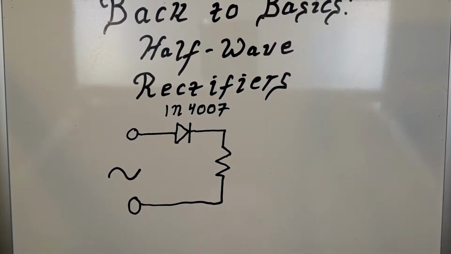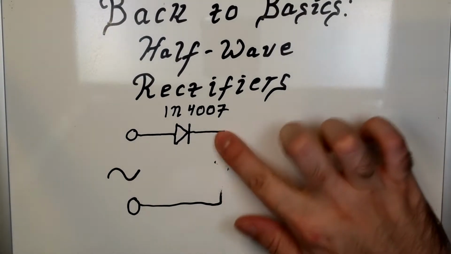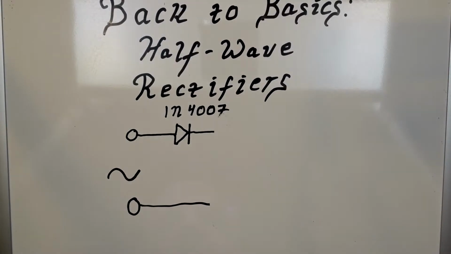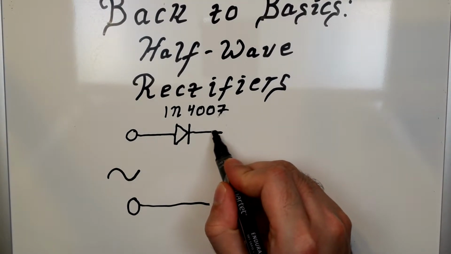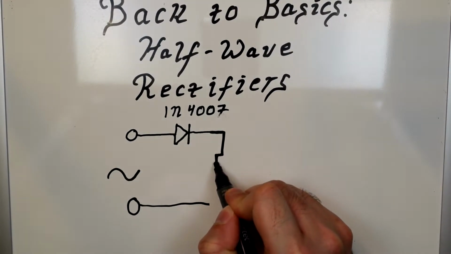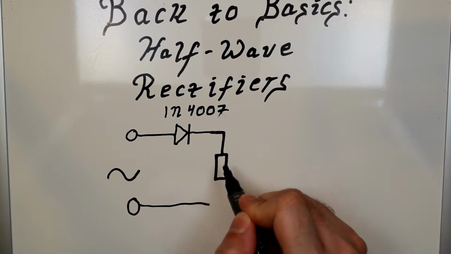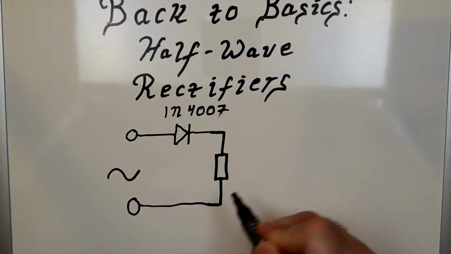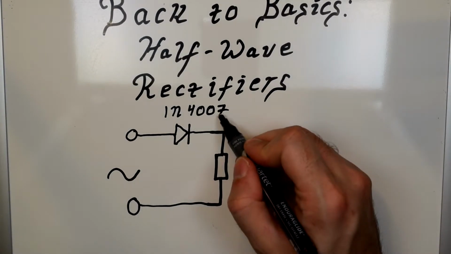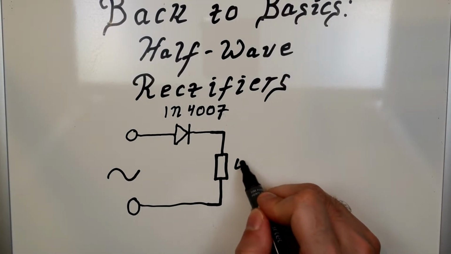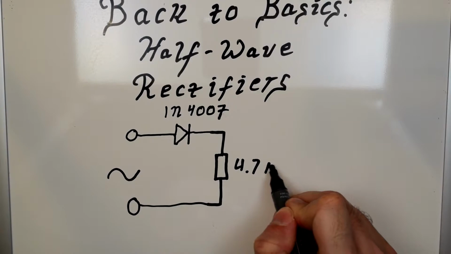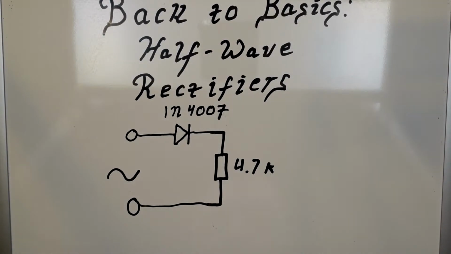Actually, just to appease fanatical viewers, I'll go ahead and make this the European version of a resistor, just like that. And actually for today's demonstration we're going to have a 4.7K resistor right there.